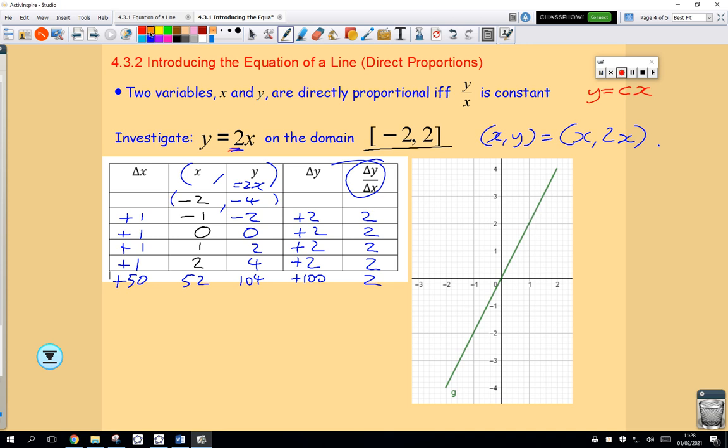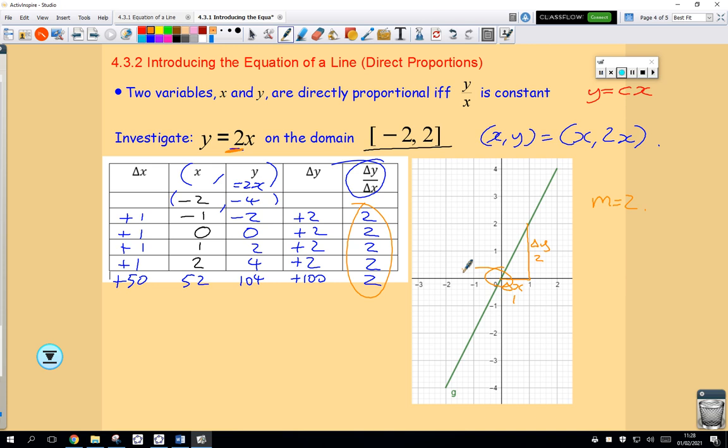And if I do a quick look at the slope, a run of 1 leaves a rise of 2. So a change in x of 1 gives a change in y of 2. So the slope here is 2, which of course we already knew from our table of values, and that's the same as the coefficient of x. Notice it's a direct proportion, so it contains the origin.